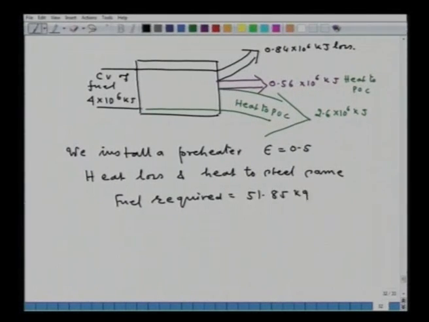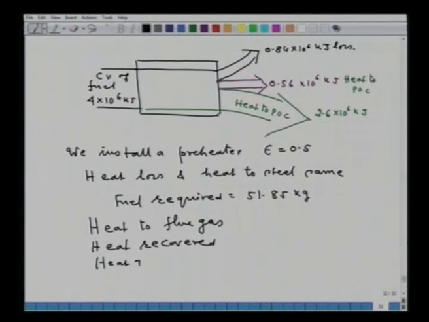You can see you are saving at least 49 kg of the fuel by recouping the heat. So, we can now calculate heat to flue gas. We can also calculate heat recovered and heat of combustion.